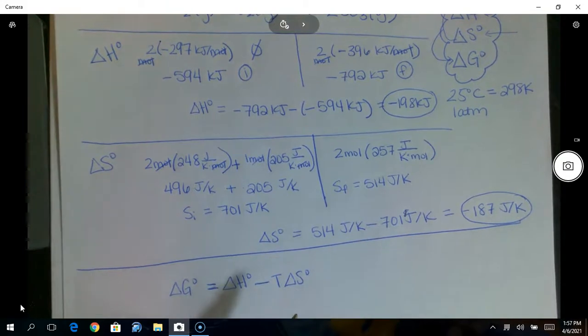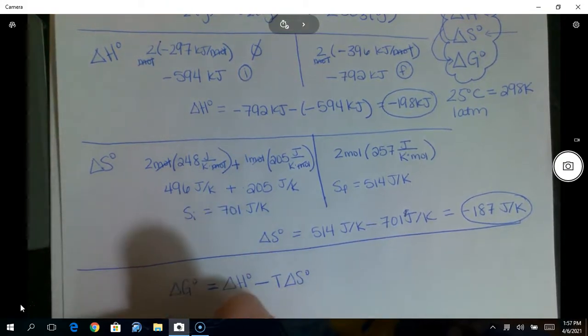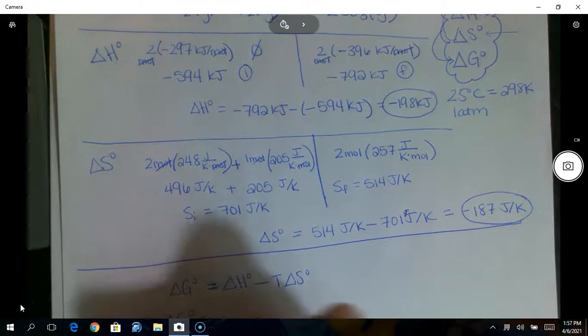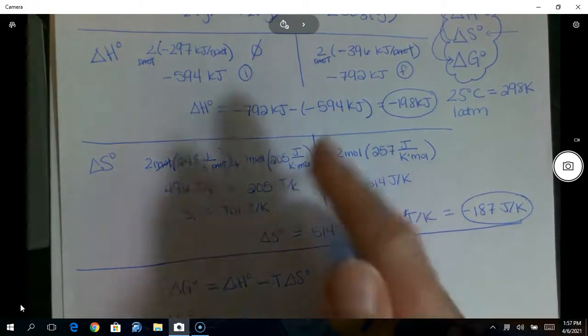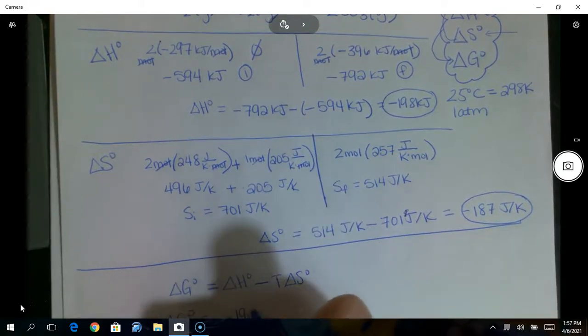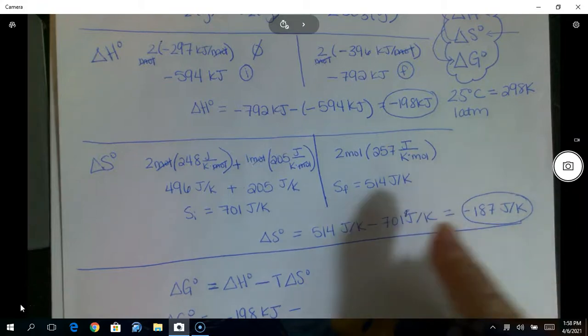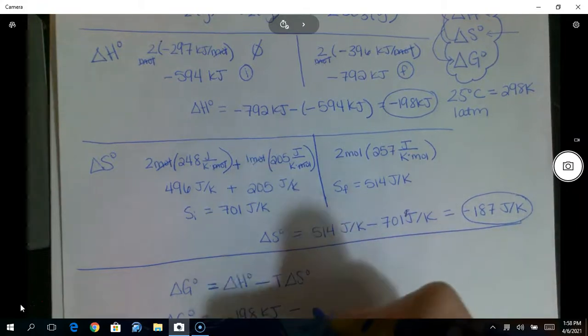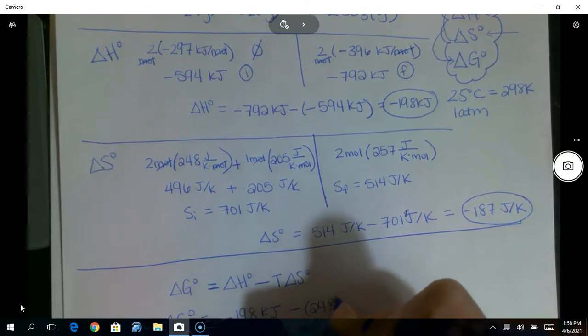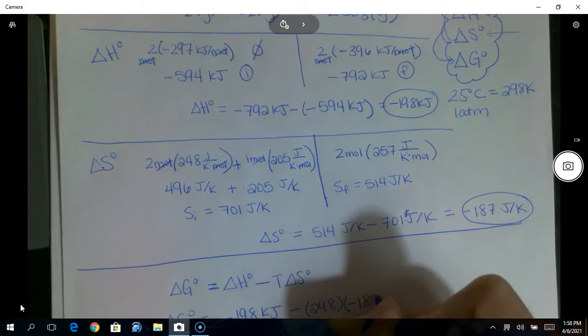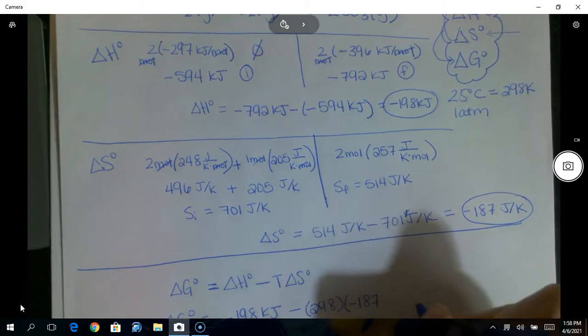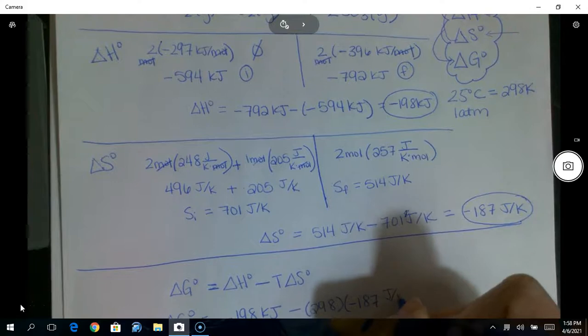So now we're going to plug all our stuff in. So delta G equals negative 198 kilojoules minus, and then this is going to be our temperature of 298 times negative 187 joules per Kelvin.